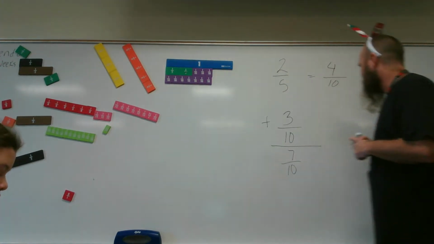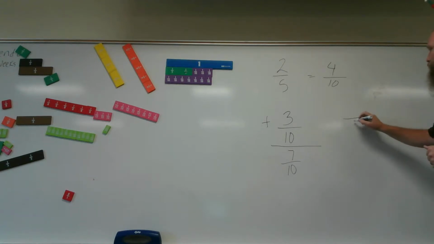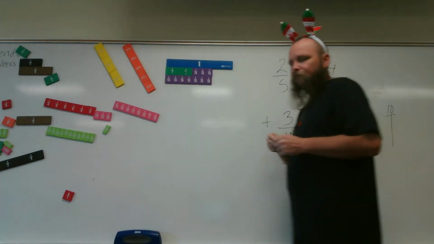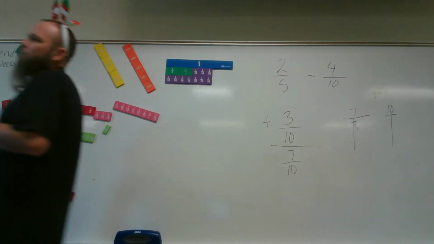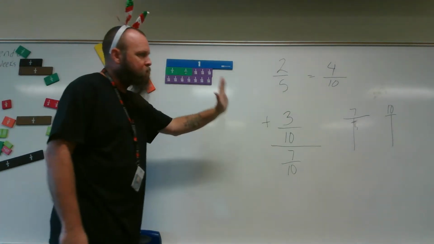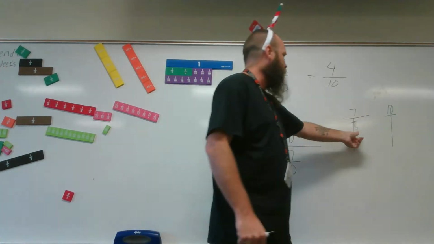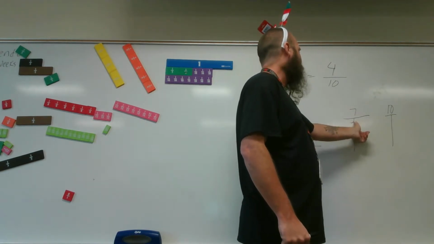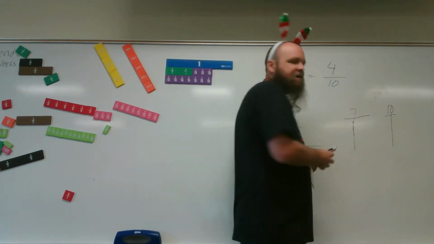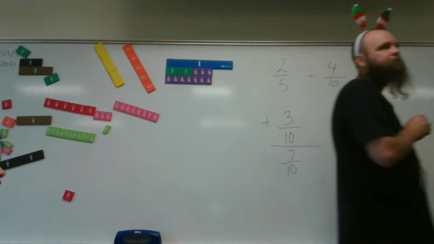So I need to find all the factors of 7 and all the factors of 10 and find the greatest common factor there is. Every set of numbers has a greatest common factor. Every set. Just like every set of numbers has a least common multiple.